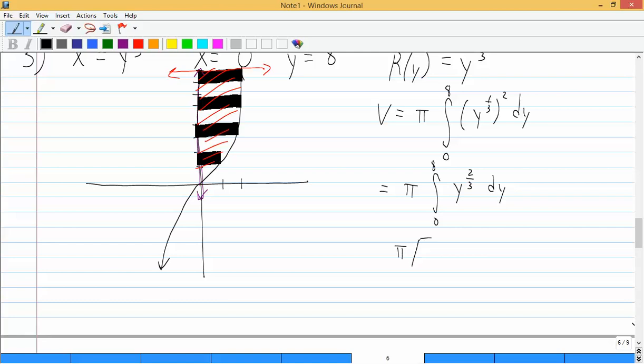All right, so what is that going to be? Add 1 to the power, you would get 5/3. Divide by the new power. So it's y to the 5/3 divided by 5/3, or 3/5 y to the 5/3.